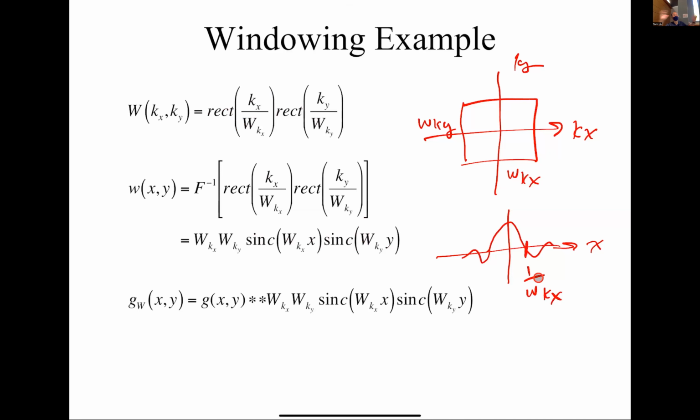So the farther out I go, the narrower that sinc function becomes. And so when I blur with that sinc function, it doesn't affect me too much. On the other hand, if I close my wkx and only acquire a little bit of data, then that 1 over wkx gets big and that sinc function gets big. And that's basically going to blur my image a lot.